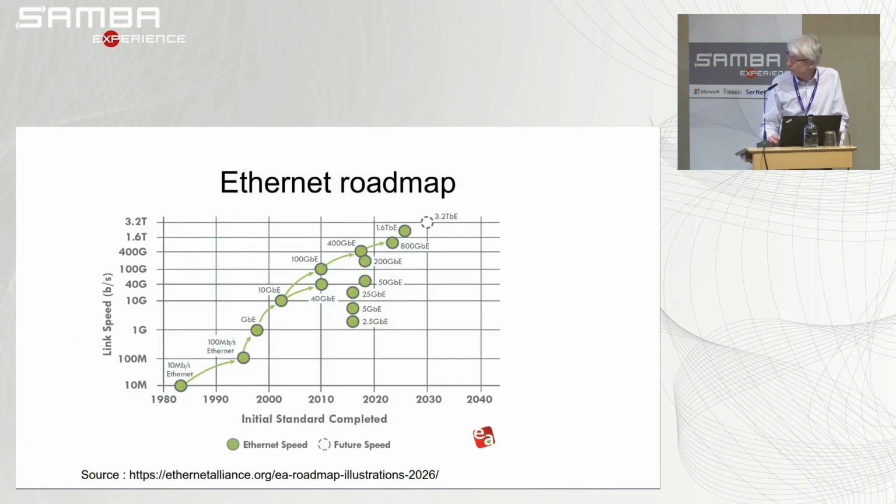This, of course, is all related to this: we can go to the Ethernet Alliance website and see the roadmap. In 2012, most had 10 gigabits as high-speed network, evolving into what we now have, 400 gigabits. 400 gigabits is standard on Mellanox CX7 cards, and it's part of our storage box.